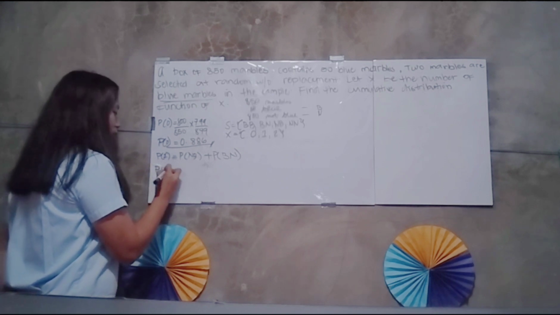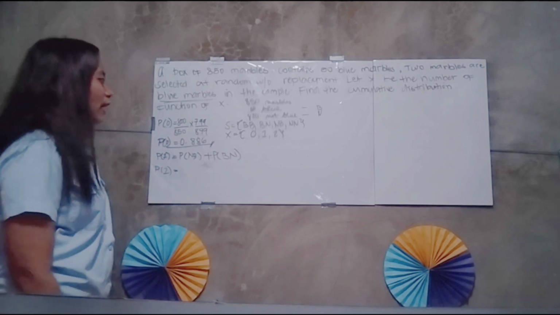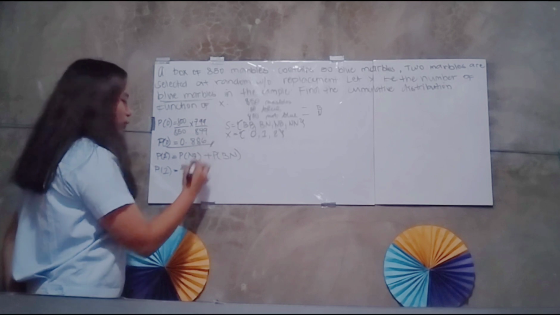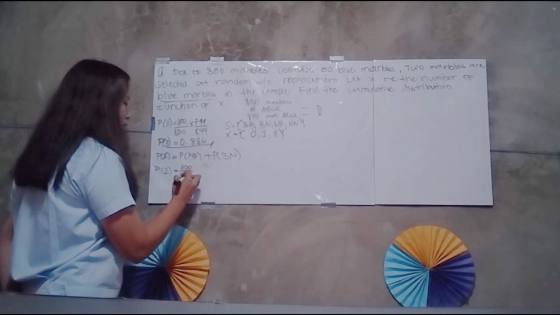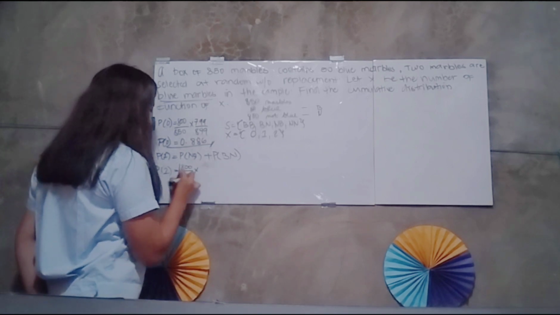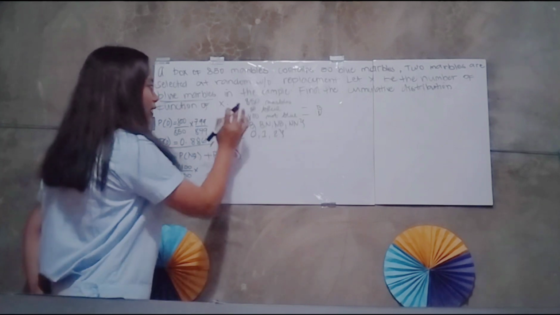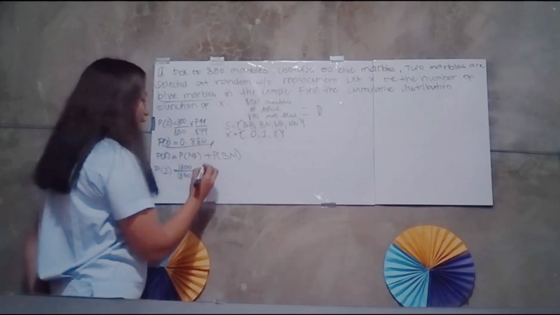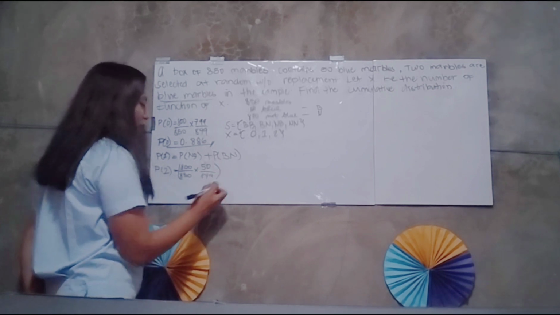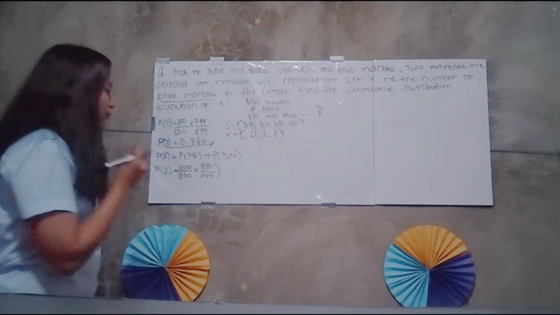P of 1 is equal to the probability of NB plus BN. For NB, at the first selection, we have 800 not blue marbles over 850 total marbles, multiplied by the blue: we did not touch the blue earlier, so its total is still 50 marbles over 849, because we have already taken the first marble in our first selection.